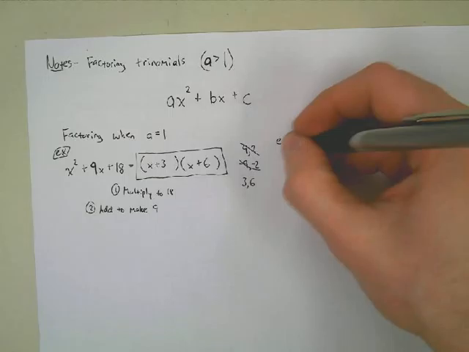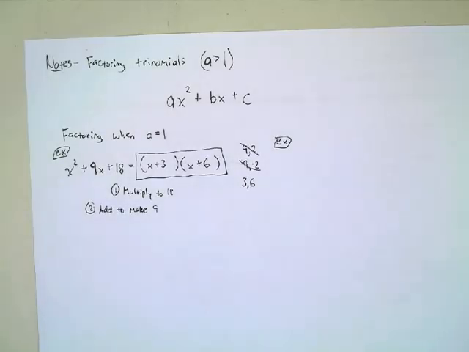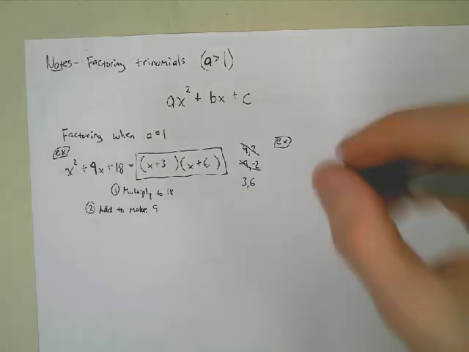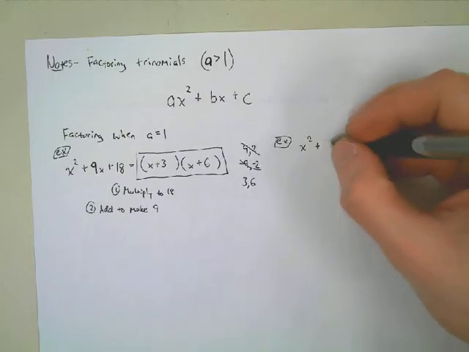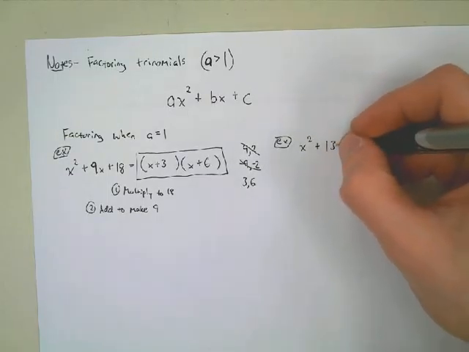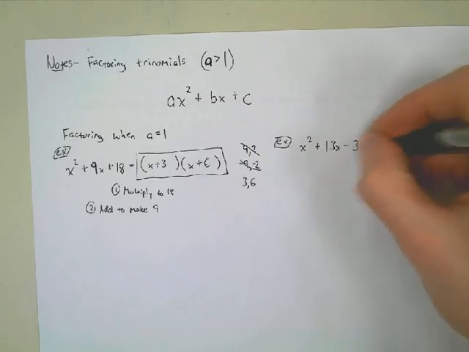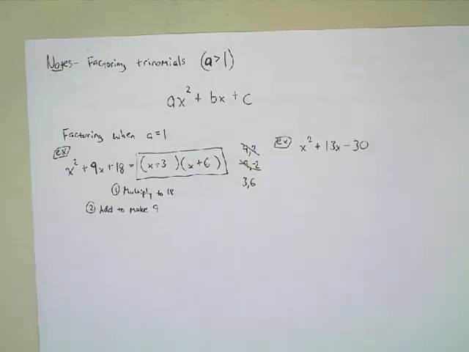Let's try x squared plus 13x minus 30. In this case, Ryan, we need to come up with two numbers that multiply to make what? 30.